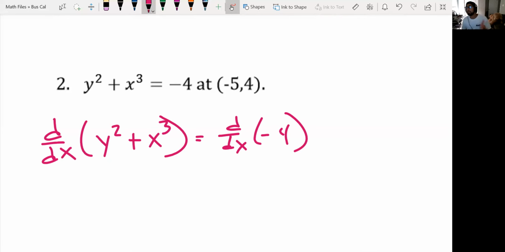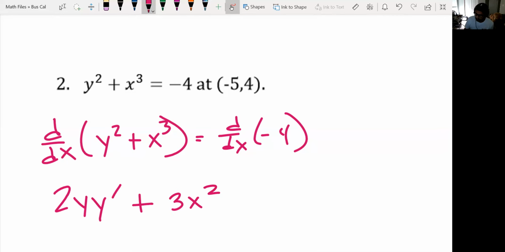Now take the implicit derivative of y squared, and if you look at the top of your paper, the implicit derivative of y squared is 2y y prime, plus the implicit derivative of x cubed is 3x squared, equal to the derivative of the constant, which is 0.